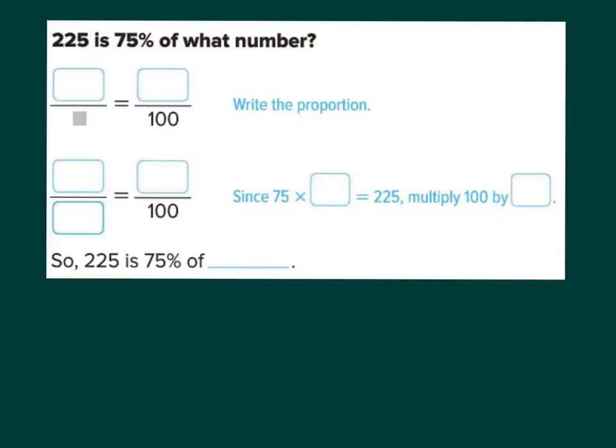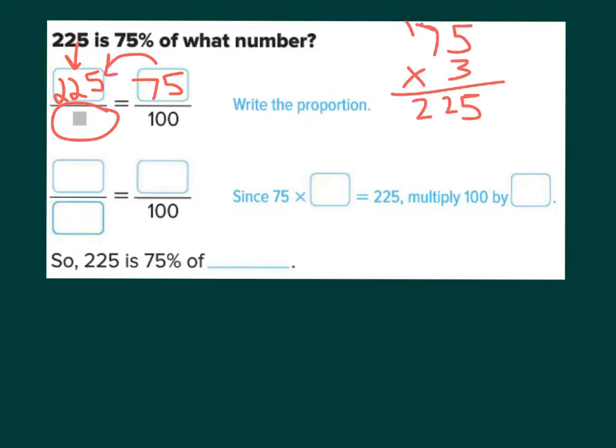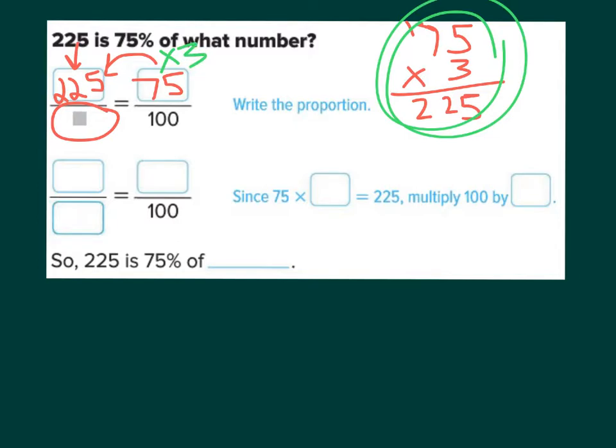Let's take a look at this example. We're going to fill in our blanks. So we want to go straight down. 225 is our part. We don't know what our whole is. 75 out of 100. Now we want to think about how do we go from 75 to 225. If you take a look at the screen, you can see that I did my multiplication problem. So 75 times 3 gets me to 225.